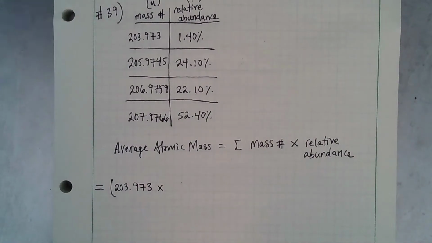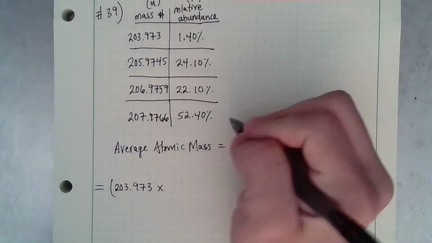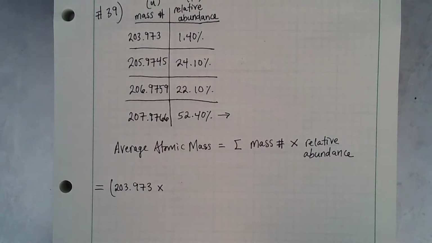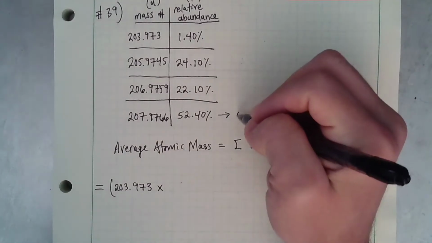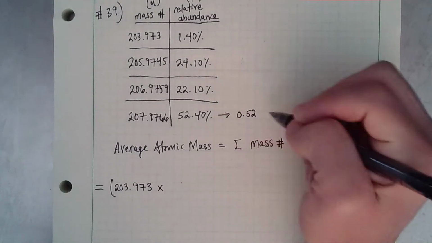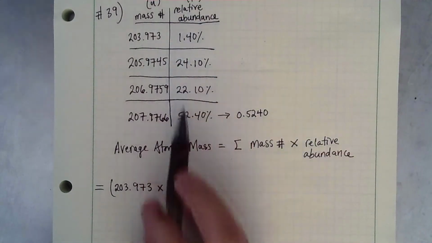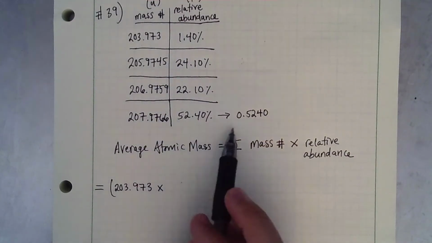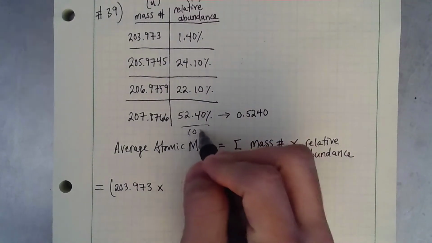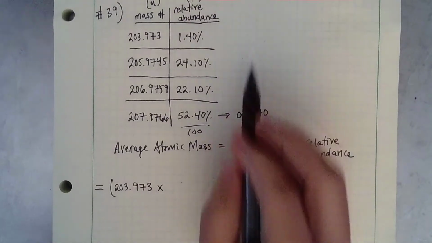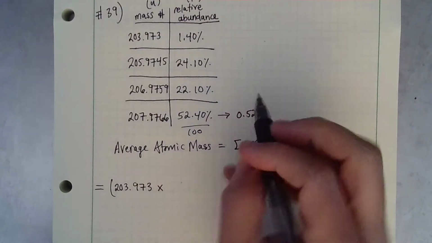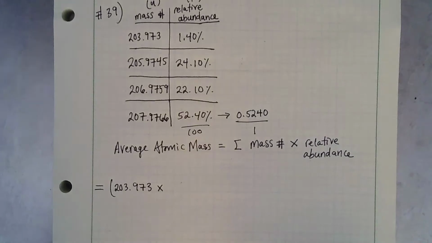Okay, so what I'm talking about is, instead of using the number 52.40, for example, I would want to use this number, 0.5240. Okay, if your relative abundances in percentage form add up to 100, we would want the decimal versions of those percentages to add up to 1.